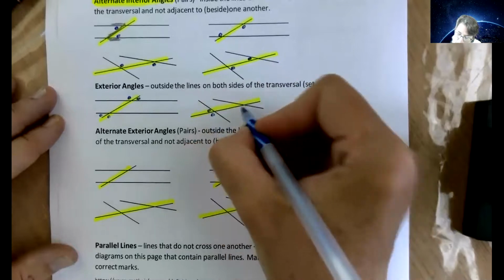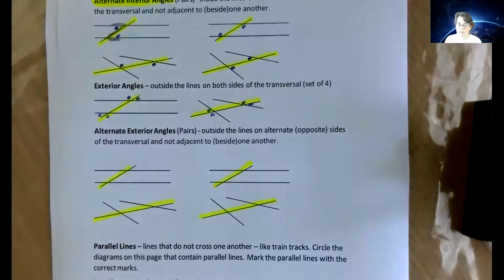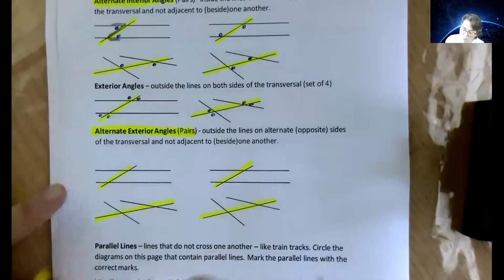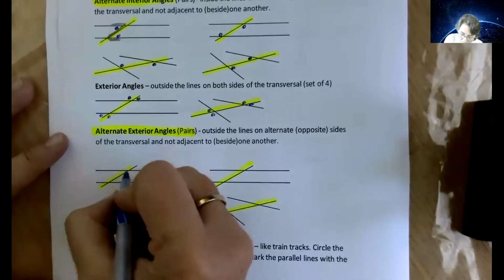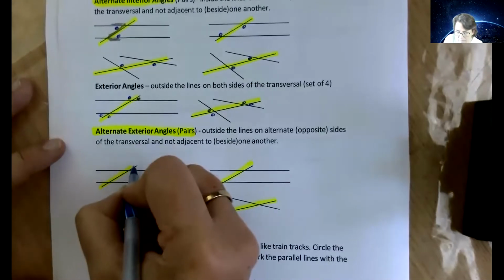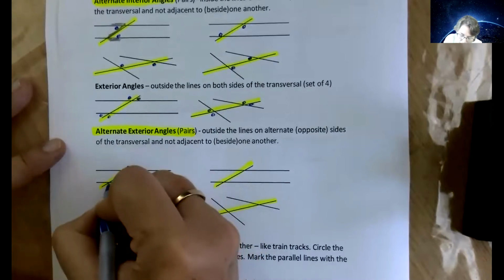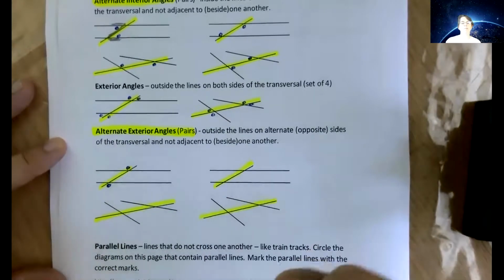They have to be outside those lines. And again, it gets more interesting, and what we'll be using more is alternate exterior angles. So there's my transversal. They have to be on opposite sides, and they're never going to be adjacent to one another. So they're going to be far apart.